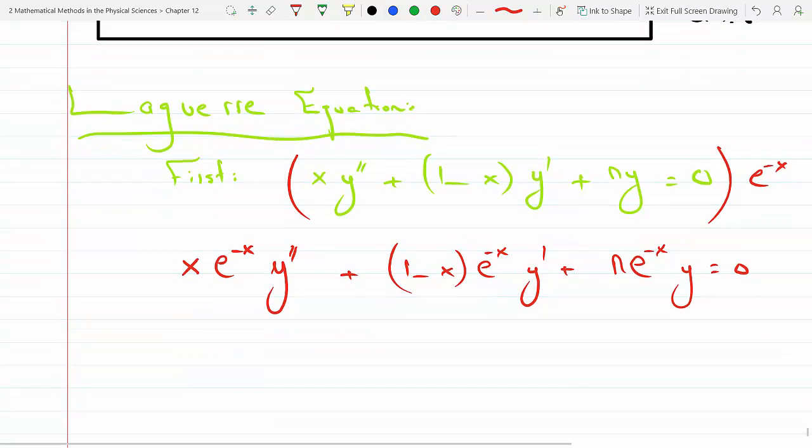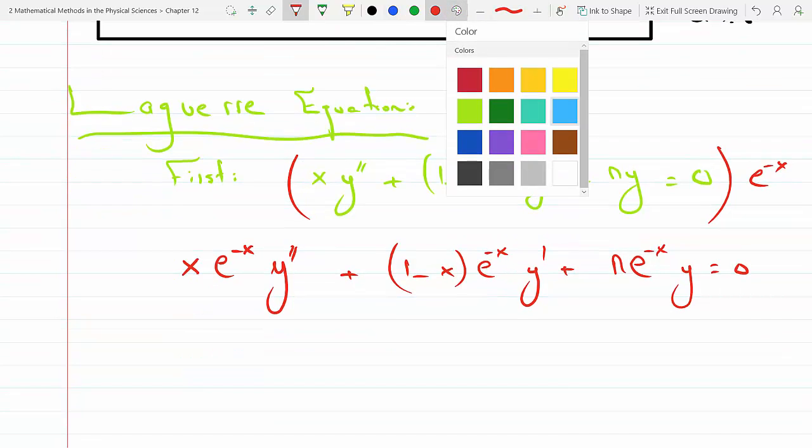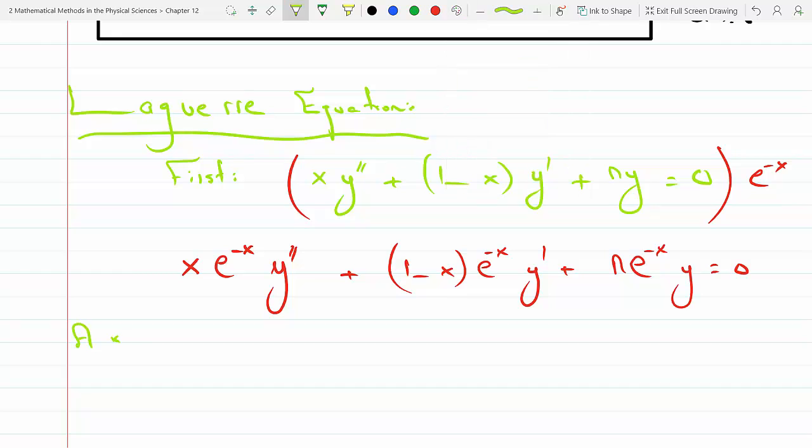Okay, so now I can claim that my a of x is x e to the minus x, and by differentiation that will get me exactly the coefficient of y prime.